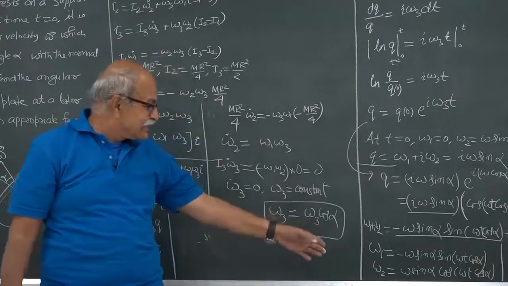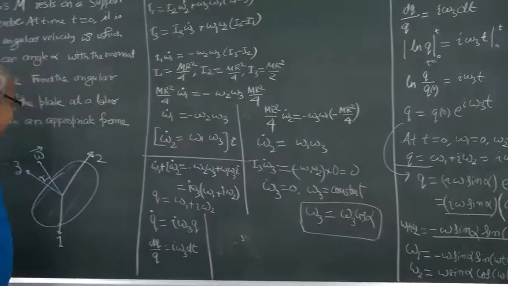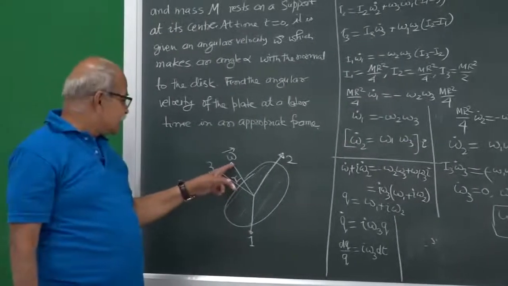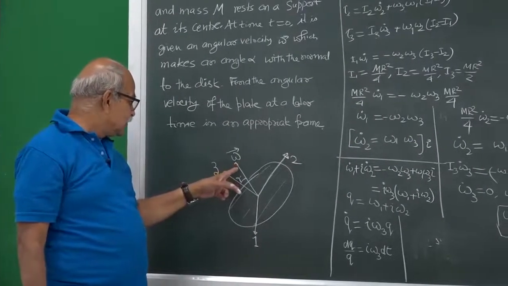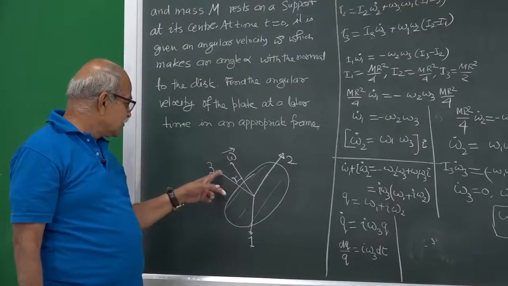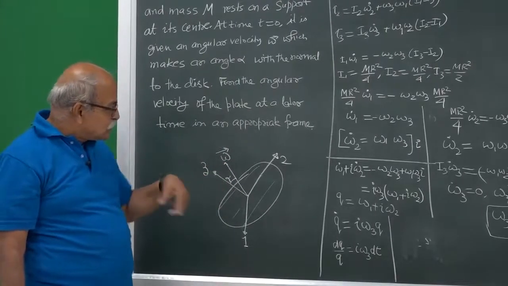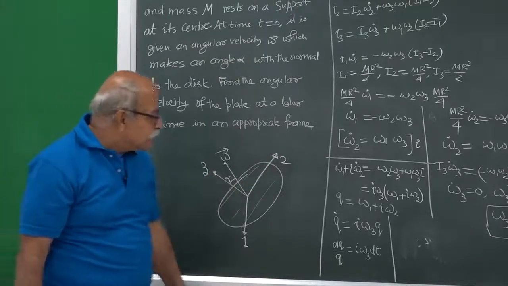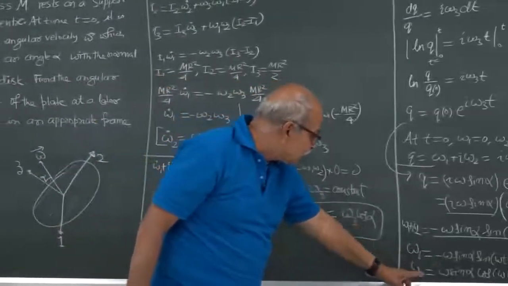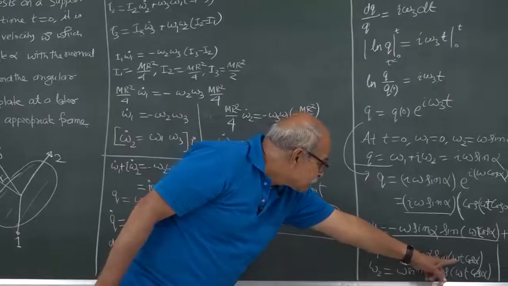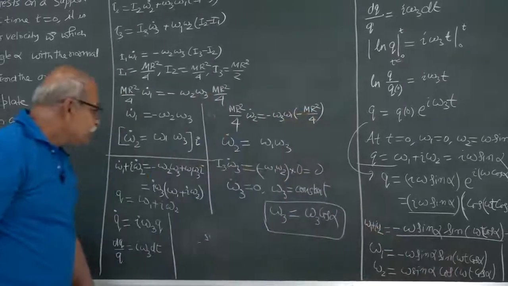Because this tells me that this omega 3 is constant. So, the component of omega about this 3 axis is constant, that is fine, and omega 1 and omega 2 are rotating with this angular frequency omega cos alpha.